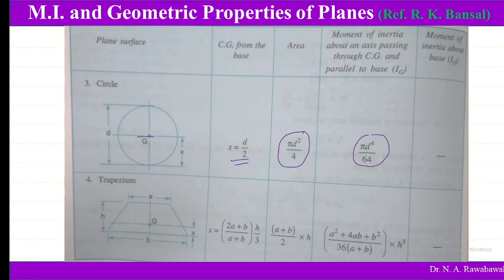For trapezium, similarly, equations are given to find the moment of inertia about the axis passing through center of gravity. So this data can be used to simplify the numericals.